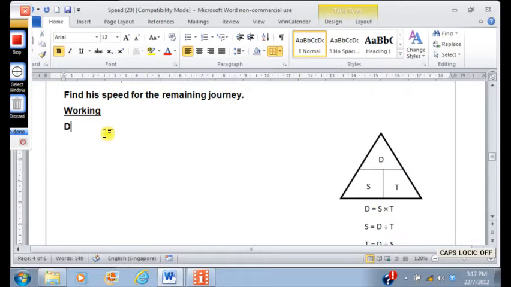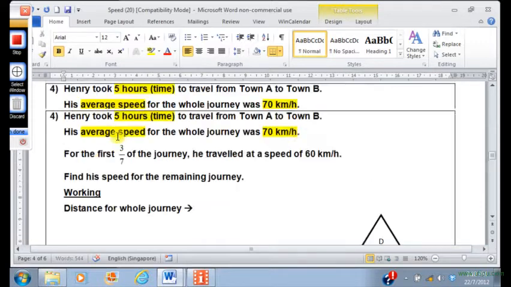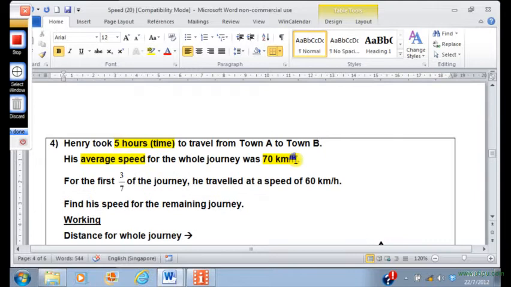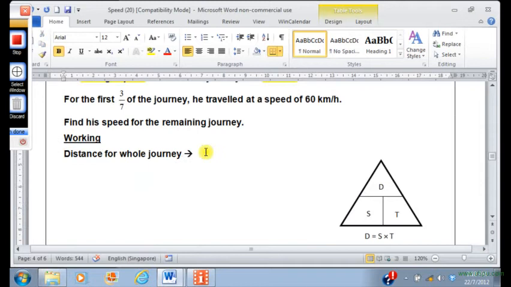You see, I have not even finished reading the question, but I can do something. Distance for whole journey, and that will be, please check whether the units are consistent. This is hour, this is also hour, so we're going to take 70. This will be speed times time. Speed times time.